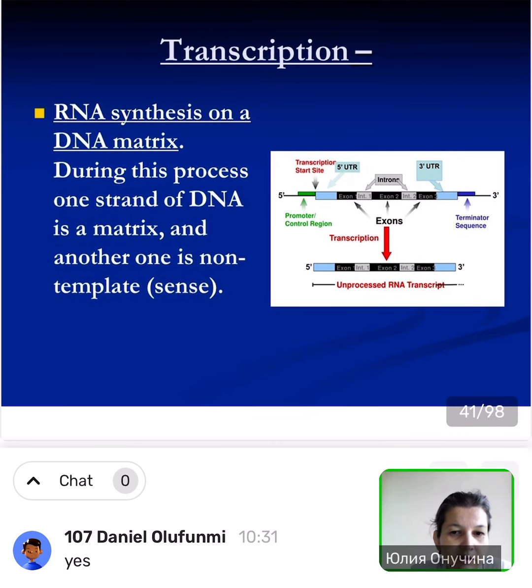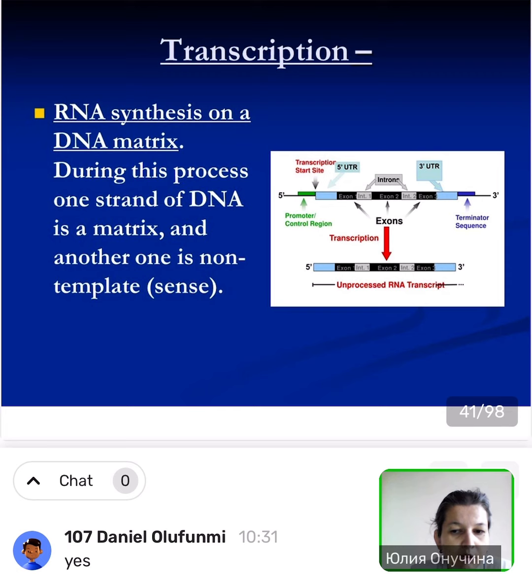We begin from transcription. This is RNA synthesis on a DNA matrix. And transcription begins from the promoter. You see a small part of the promoter after transcription we have at the 5' end. And a little part in the terminator. It was saved.